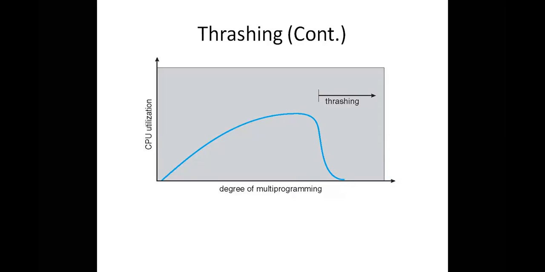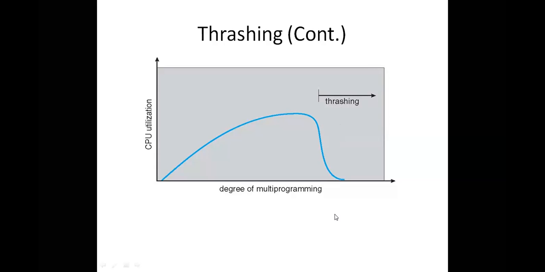So you cannot keep many pages in the main memory. If you are not keeping enough pages of a process in the main memory, page faults are more. A page fault means you need to take out one page from the main memory and bring in the required page. That is called swap in and swap out. That means the process is always busy with swapping, page in and page out. That is called thrashing.